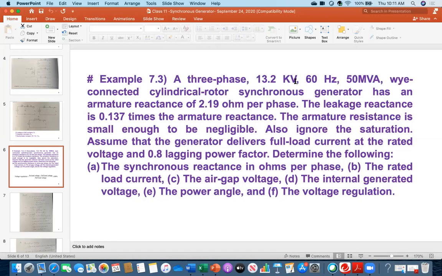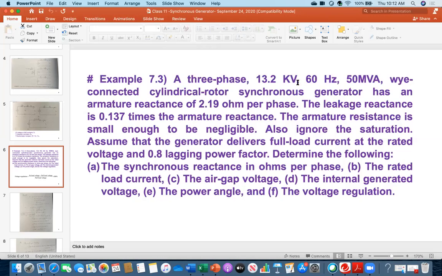And 13.2, the other thing everybody should keep in mind is that when it is a three-phase system, by default this value is the line-to-line voltage. This is not the phase voltage. If it is phase voltage, it will be clearly mentioned like 13.2 kV per phase.